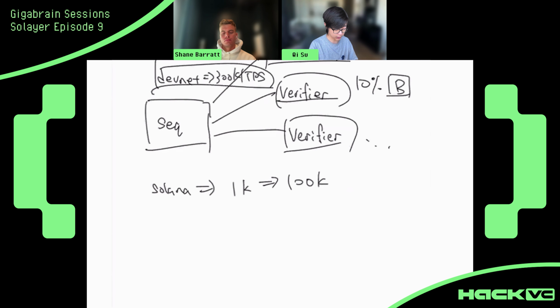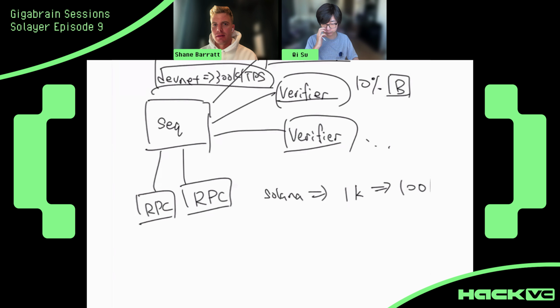And we also have the sequencer. So as a user, more than verify, you can also run RPC nodes. Well, so how does it verify just 10% of the block? Does it have incremental state?